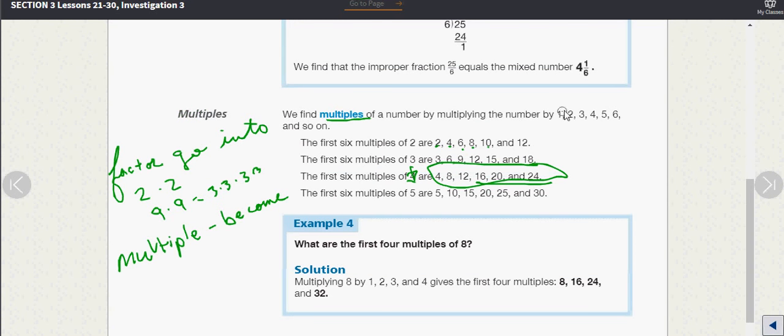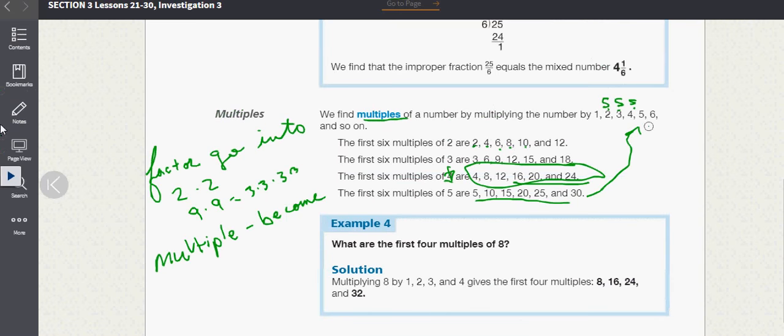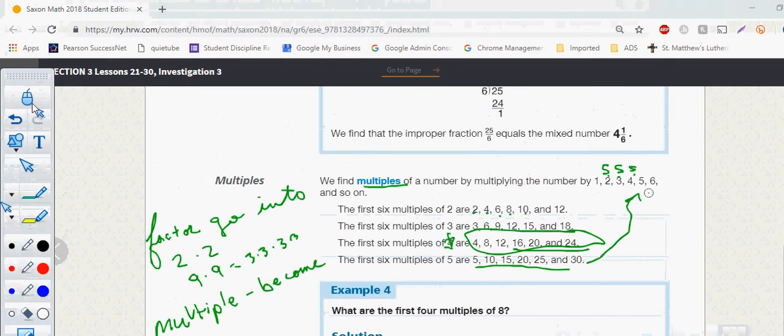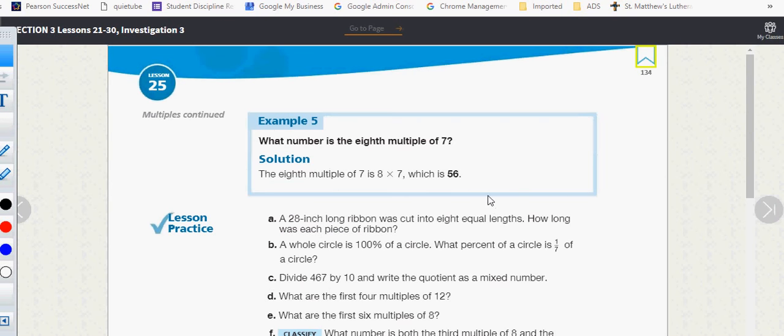Another way to think about counting by a number, like counting by 5, think of it as 5 times 1, 5 times 2, 5 times 3, and so on, which gets you to 5, 10, 15, 20. You're just doing your times tables, aren't you? You're counting by 5s, or counting by 4s, just like we did in kindergarten. What number is the 8th multiple of 7? 7 times 1, 7 times 2, 7 times 3.